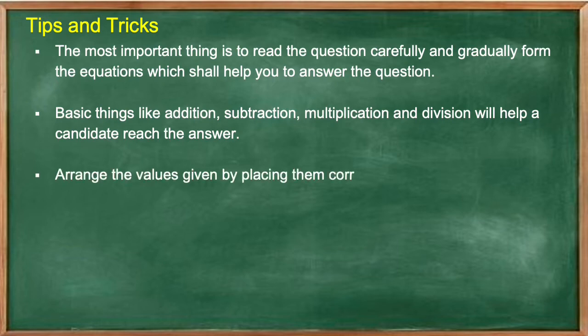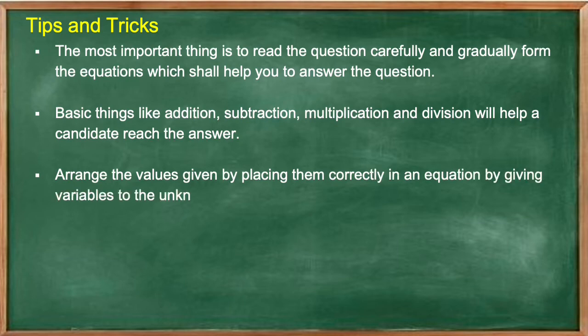Arrange the values given by placing them correctly in an equation by giving variables to the unknown values. And always try to use meaningful variable names like M for mother, F for father, etc., so that you will not get confused if you have a number of equations in the question.